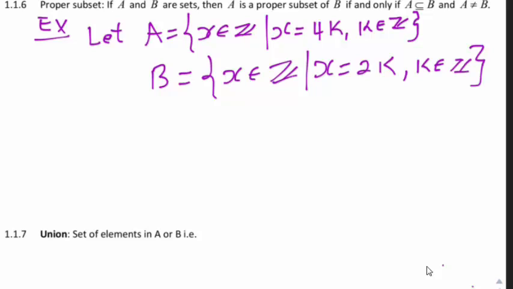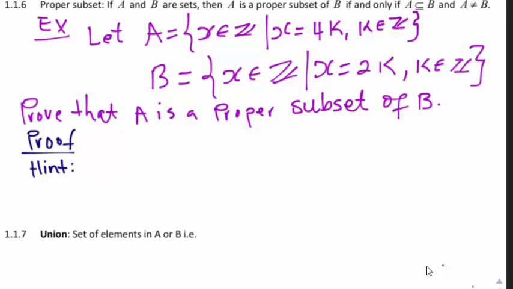Let A be the set of all integers such that X equals 4k, k in Z, so multiples of 4. And let B be the set of all integers such that X equals 2k, multiples of 2, even numbers. The question is to prove that A is a proper subset of B.